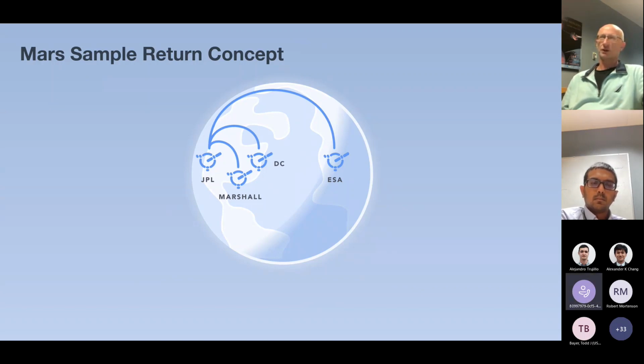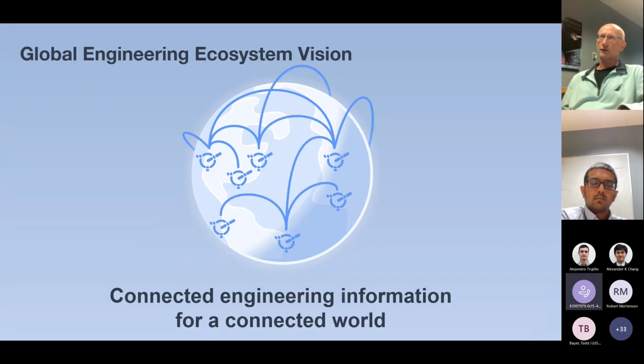We're trying to push that across centers more, and to get to this global engineering ecosystem vision. In my childhood, I worked at CERN when the first web server came online in the early 90s, and I was at JPL when the first OpenMBEE server came online. So I hope it will have the same history or future as the web, like the web for engineering. This is the vision of OpenMBEE.